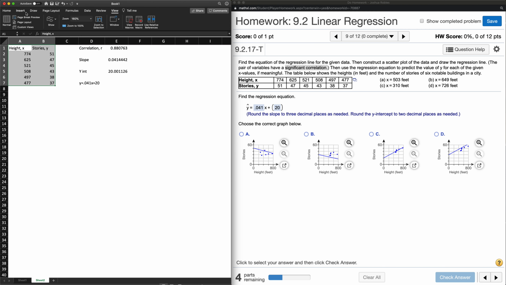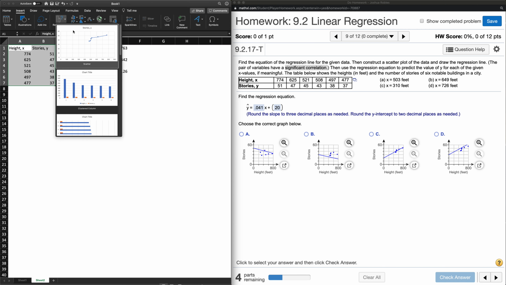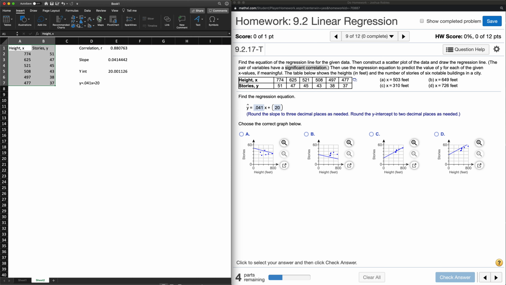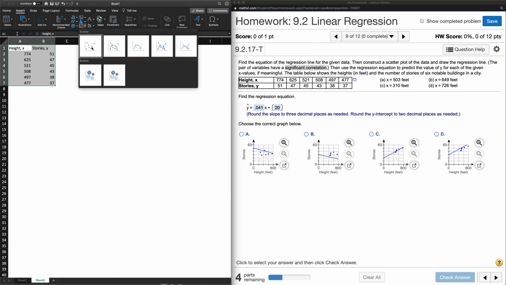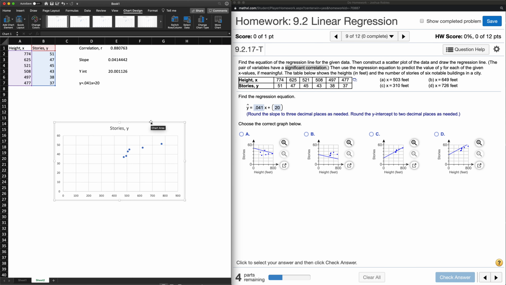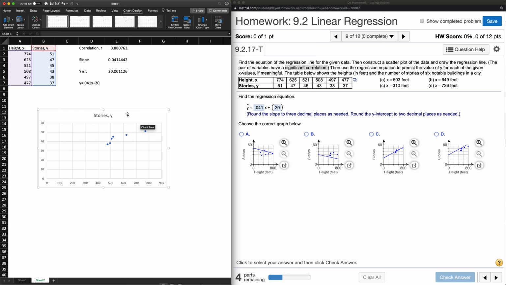So we can insert a chart. Usually the recommended chart makes a good guess. It's connecting with the line, but it's not quite the line we want. So let's try our direct scatter plots. We can actually insert the regression line directly on our graph here.